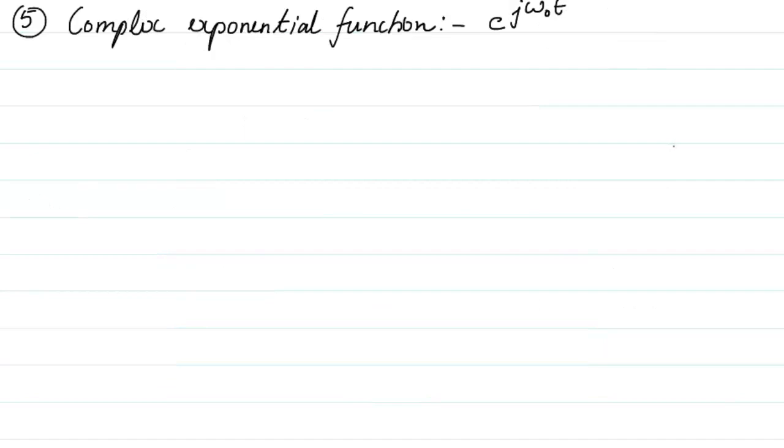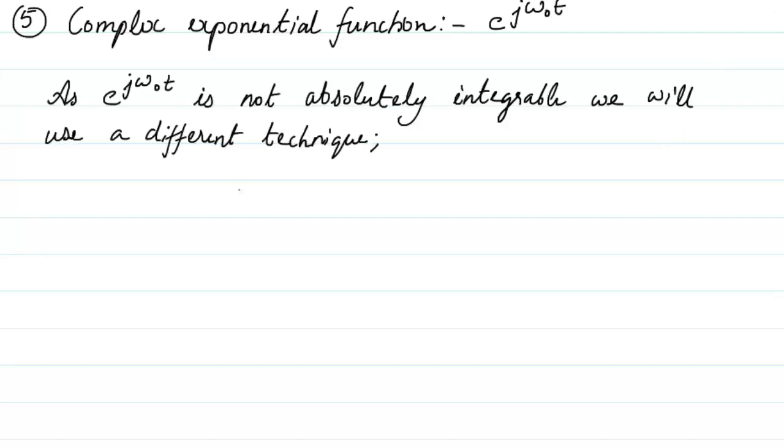Next is a very important function, which is the complex exponential function e raised to power j omega naught t. Again, e raised to power j omega naught t is not absolutely integrable, so we will use again the technique that we used previously. The technique is to start with X of omega equal to delta omega minus omega naught. So we are assuming that this is our X of omega. Then we know the equation for finding x of t.